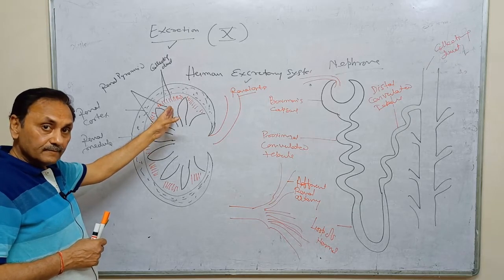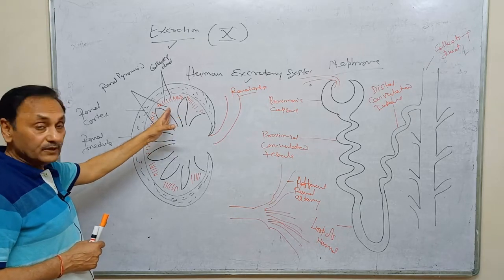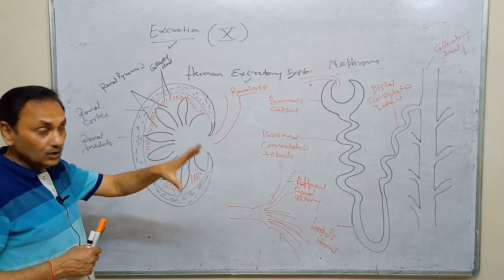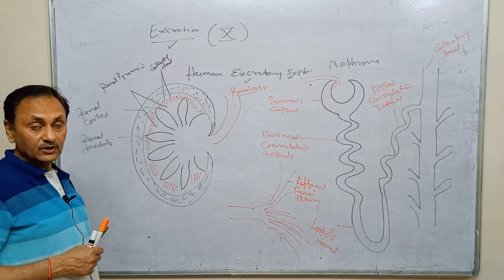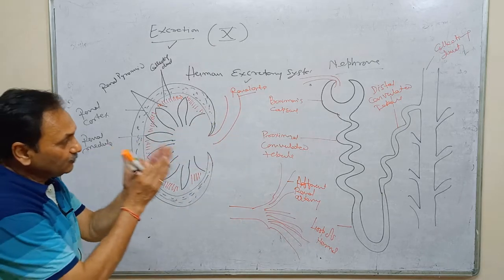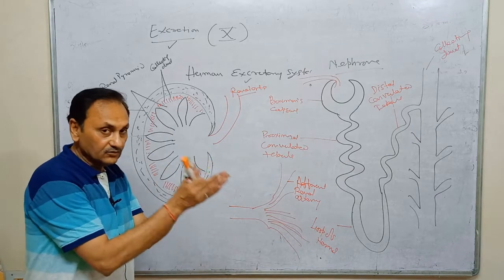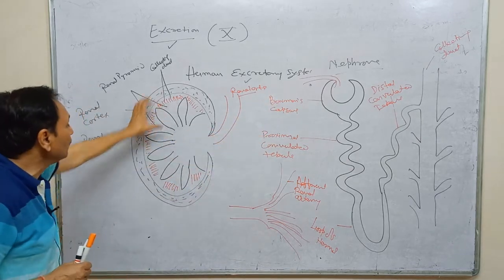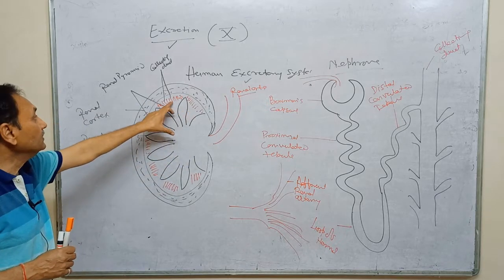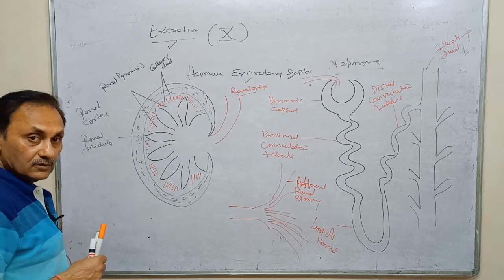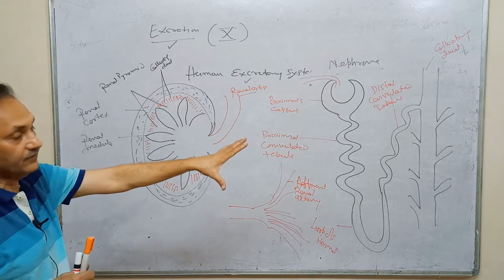Okay. What are the products of this particular distal convoluted tubule? We will discuss it later during the functioning. But I have told you, we have to take simple ideas of the nephron because of drawing this particular figure, and here is the collecting duct. It is somewhat confusing, so I have drawn a figure.